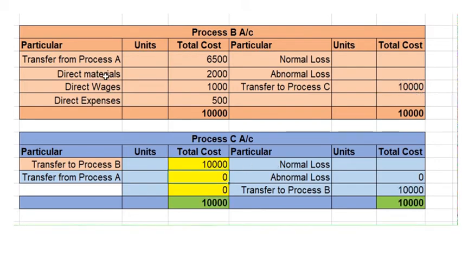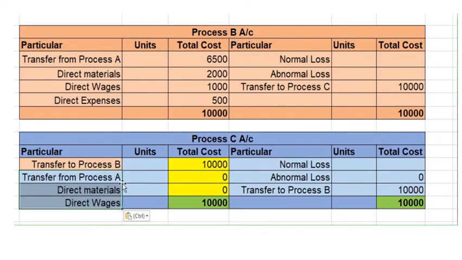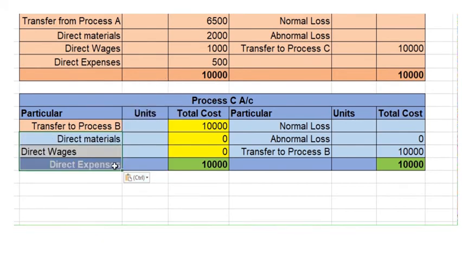Then we have direct material, direct wages and direct expenses here.